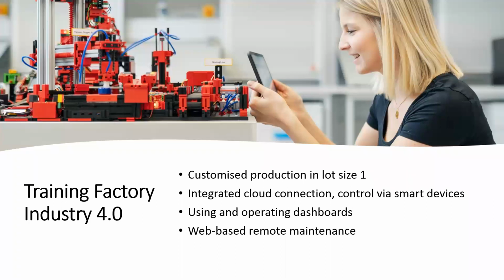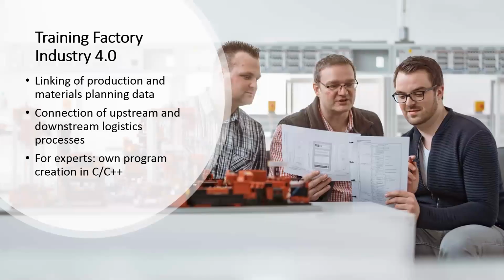Customized production in lot size 1. Integrated cloud connection and control via smart devices, using and operating dashboards, web-based remote maintenance, the linking of production and materials planning data, connection of upstream and downstream logistics processes, and for experts, the creation of your own unique programming using C, C++.